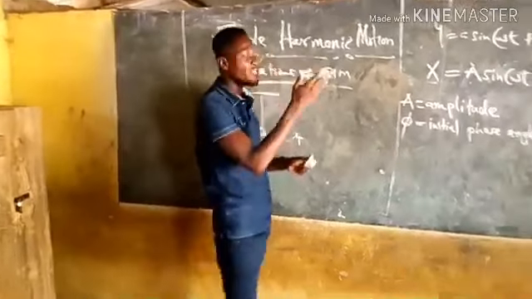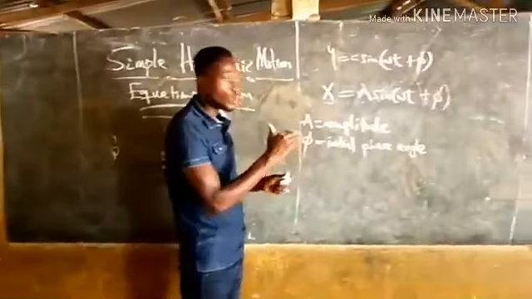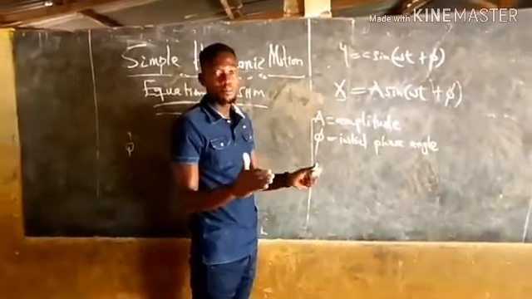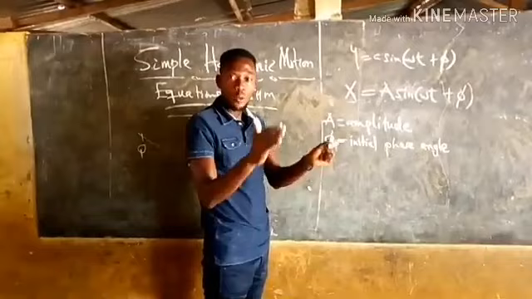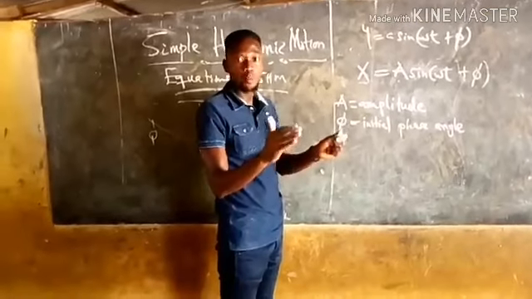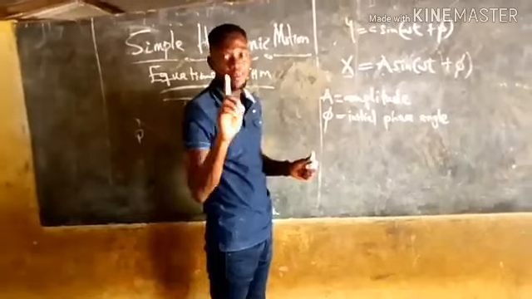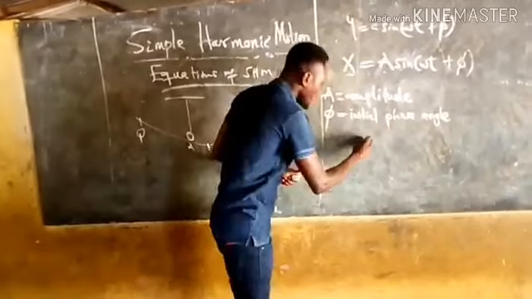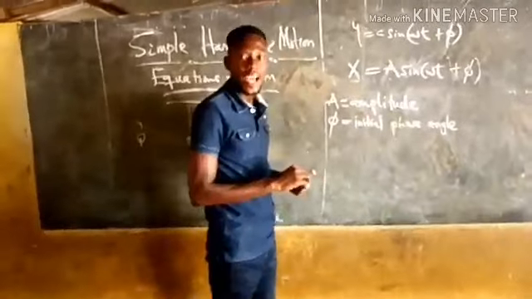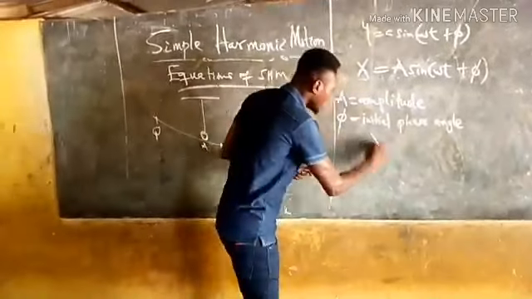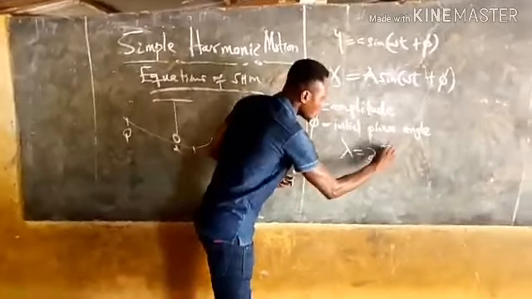From wave motion, the total distance covered by a wave to complete a cycle is called wavelength. That is represented by lambda. And the total angle is what? 2 pi. So we have lambda equals 2 pi.